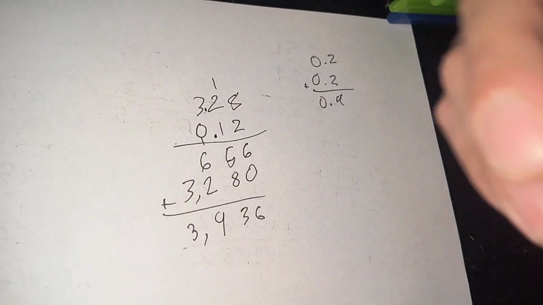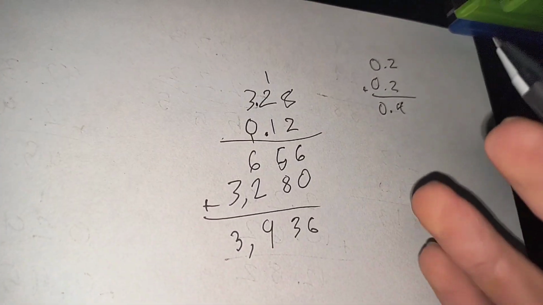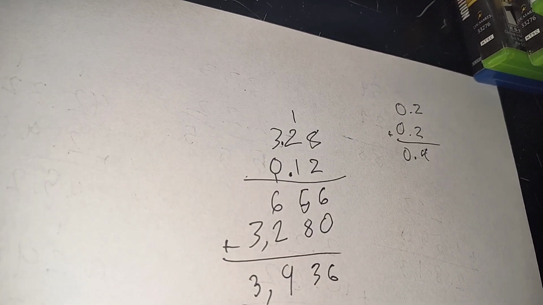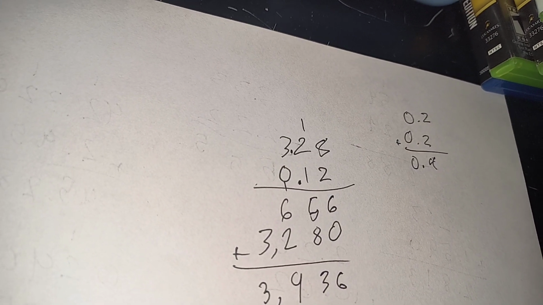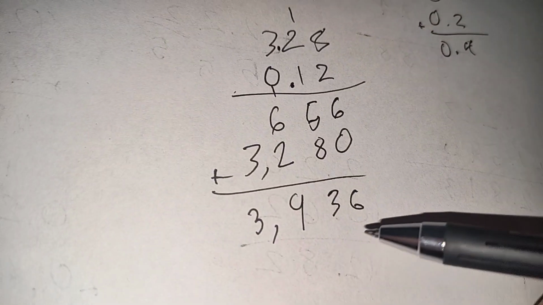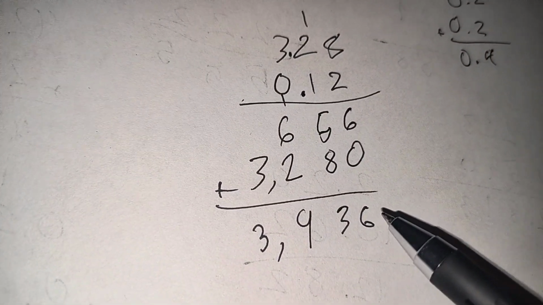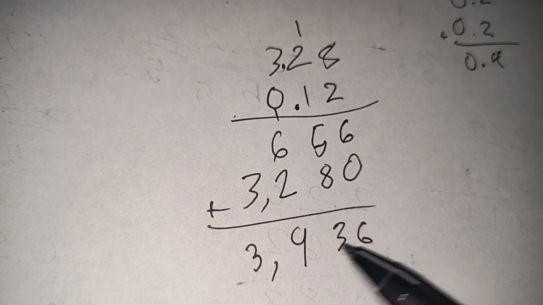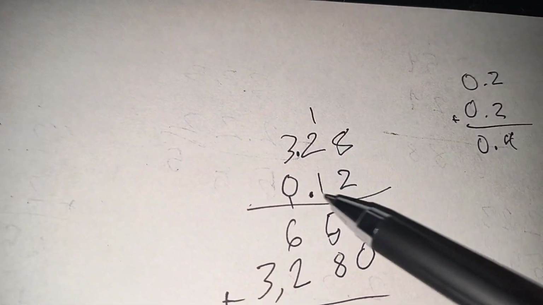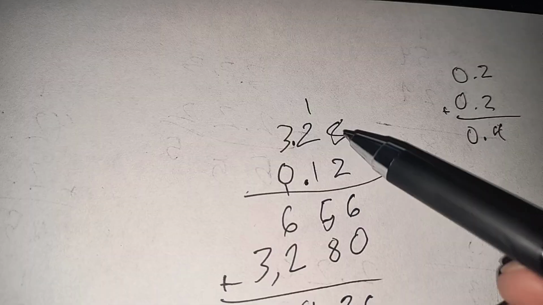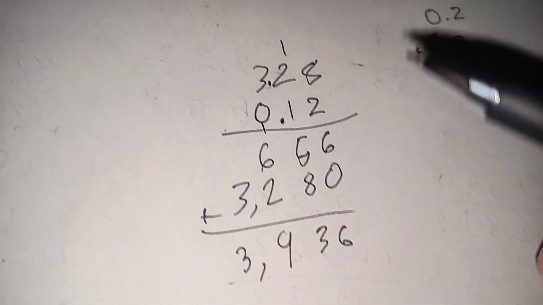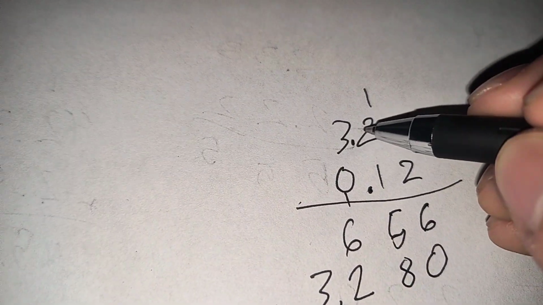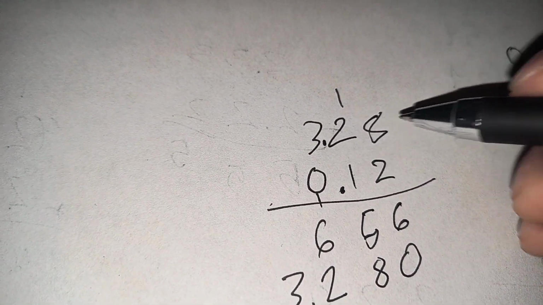But with this, where we put the decimal is, you start at the right, and you count up. You count however many decimal place values there are to the left. For instance, in 3.28, there are 2 decimal place values, 1, 2.